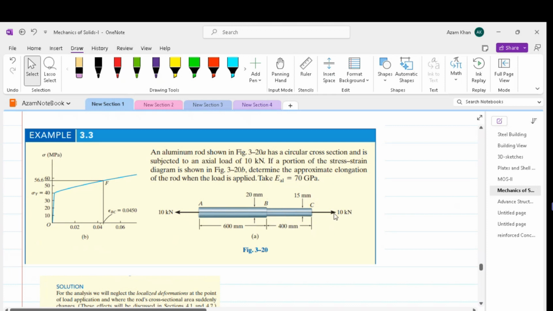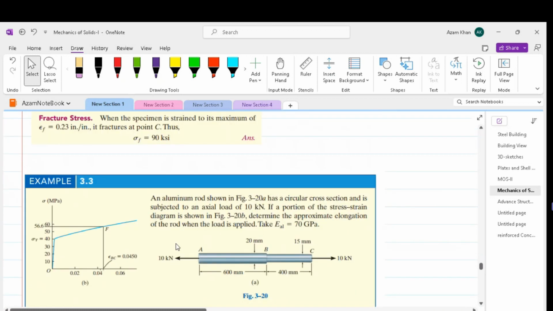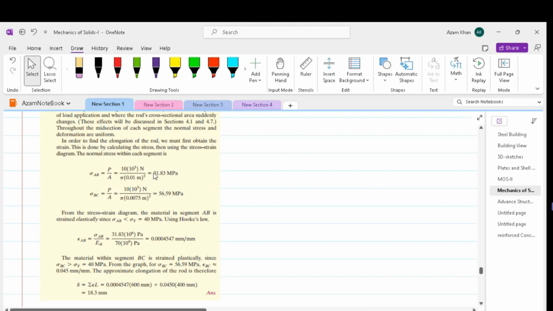So in the case of BC, we can divide this 10 kilonewton by the area of cross section of BC. And similarly for AB, we can do the same thing. Please note the area of cross section of both of these segments is different. So for AB, we get 31.83 megapascals, and for BC, we get 56.59 megapascals.